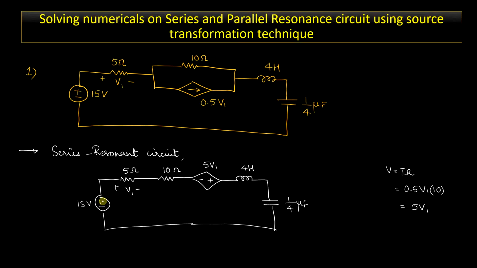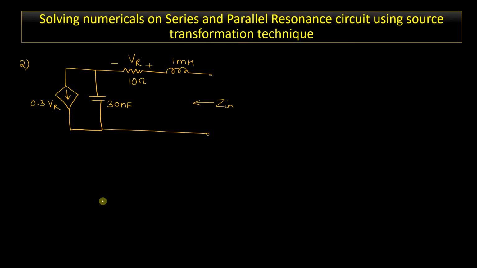Okay. Mainly these numericals that I have put up in this slide are focusing on the conversion of the circuit after identifying whether it is series resonance or parallel resonance. Okay. Then you have a circuit here. Again, if you observe, you have a resistor and an inductor, and there is a current source in parallel with the capacitor.